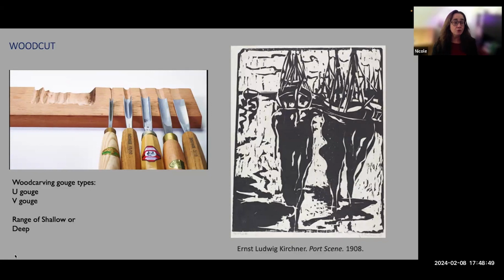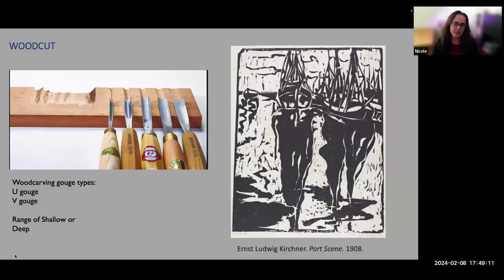Because most of the strokes go vertical, and because the wood block itself has a direction to the grain, we could assume that the grain of this wood block was probably also vertical when he made the print. We can assume that because it would have been a more fluid carve to go with the grain rather than across the grain.